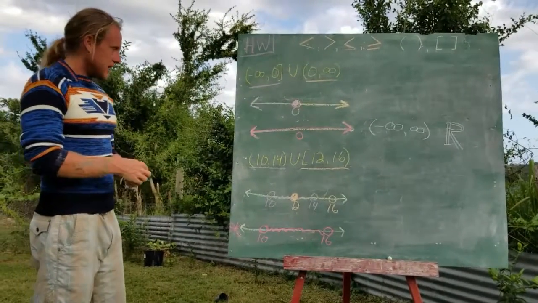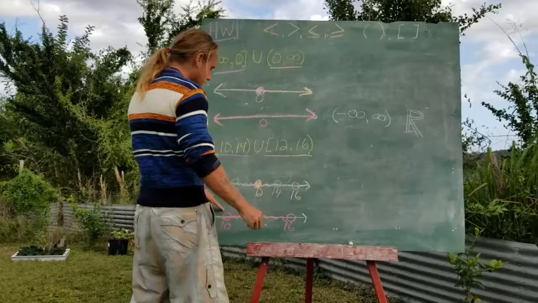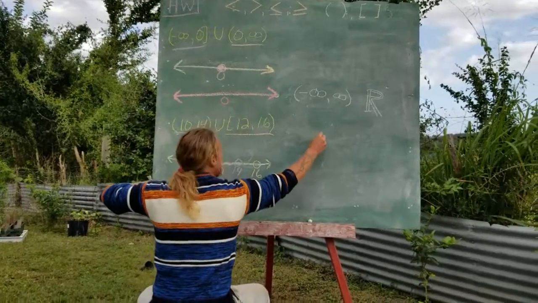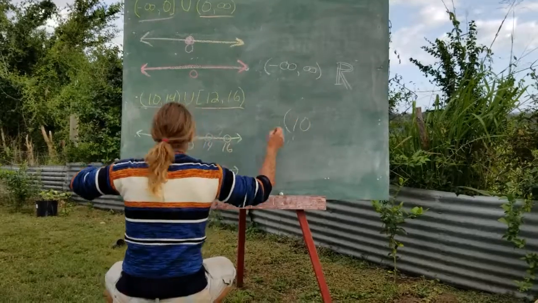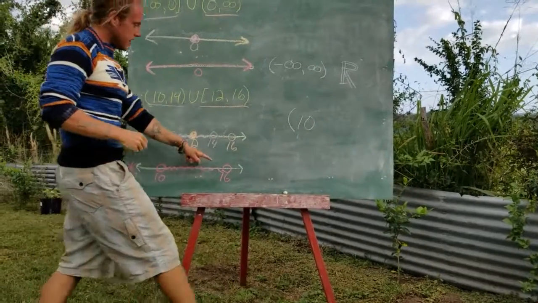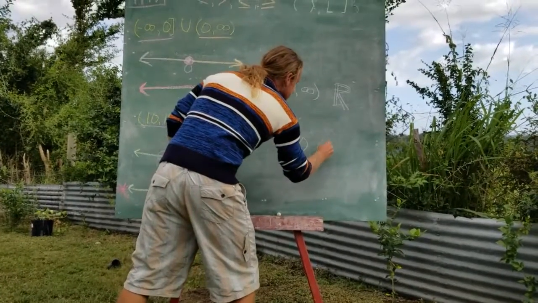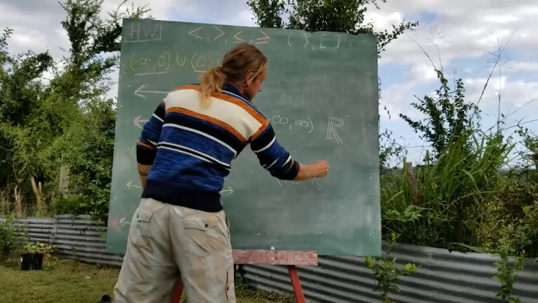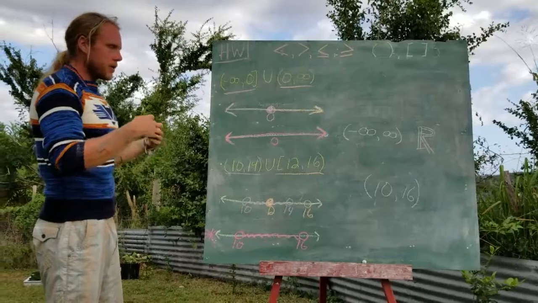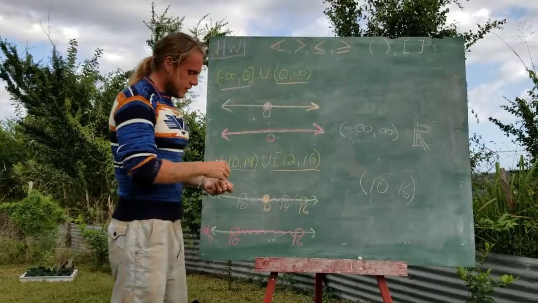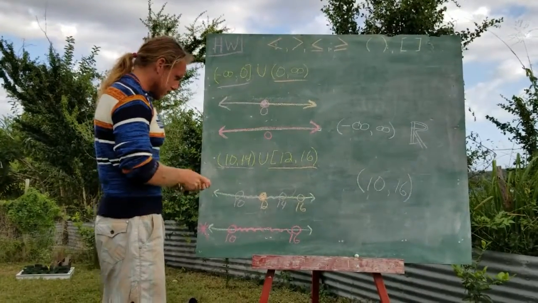Let's write this in interval notation. Well, we have the interval from 10, not including 10, to 16, not including 16. And for this one, let's draw those circles like we did with the intersections, similar to the Venn diagram.